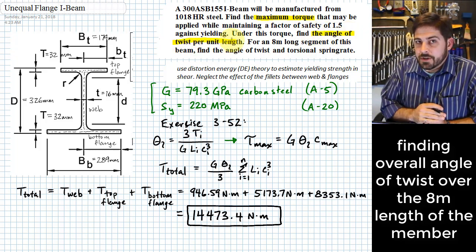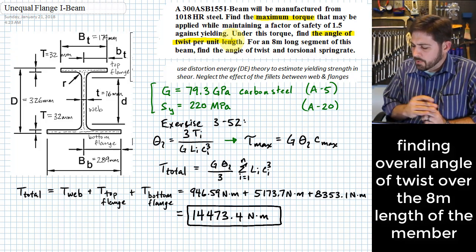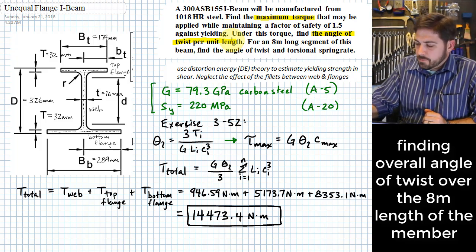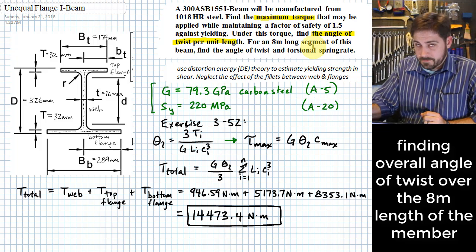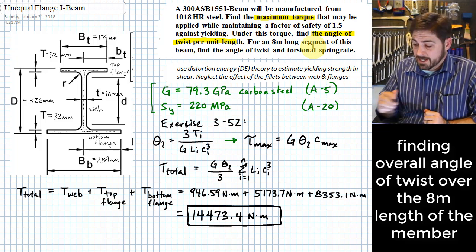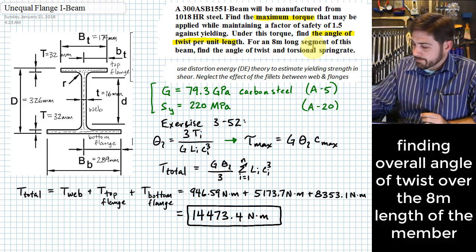Remember, that was our 0.0336 radians per meter of length. So we've actually done those two parts. Now what we want to do is plug in this information that we're going to apply this torque to an 8-meter long segment of this beam so that we can find the angle of twist and the torsional spring rate.